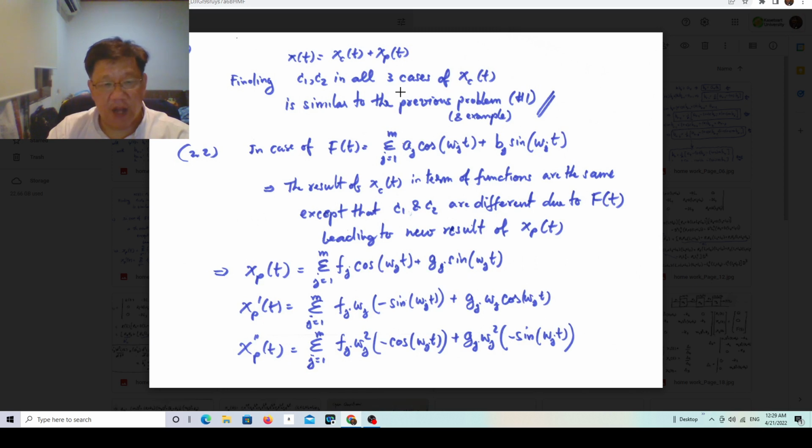To perform further analysis for the second problem, the force function is in the form of a summation of m terms, where each term consists of a sinusoidal function: the amplitude times a cos function of some angular velocity omega j times t, and similarly a sine function with the same omega j, where b sub j is the amplitude.